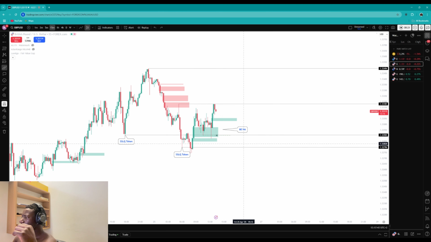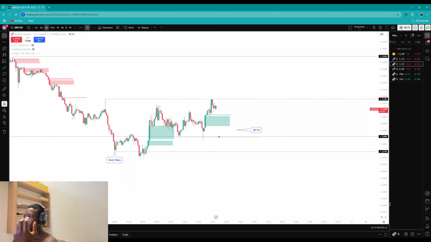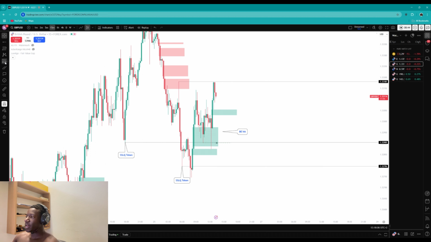But for me, after price did that, I wanted to play the continuation, and my rule in continuation is when there's a fair value gap, I don't look for confirmation, I just enter straight off the FVG, fair value gap. So I dropped to my lower time frame, not really for the entry, but I was just checking what's going on. And then I placed my entry.